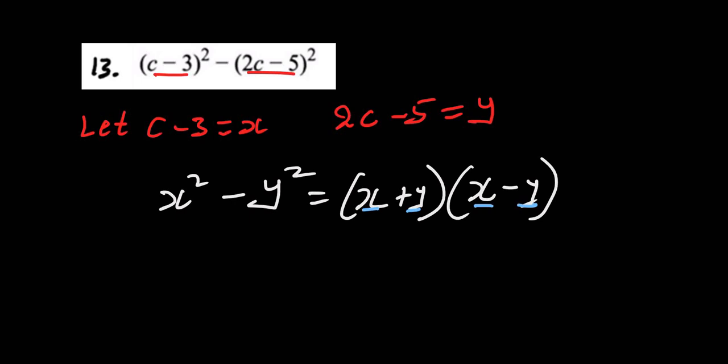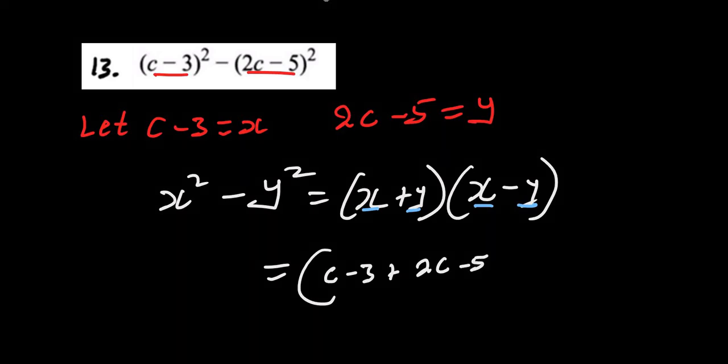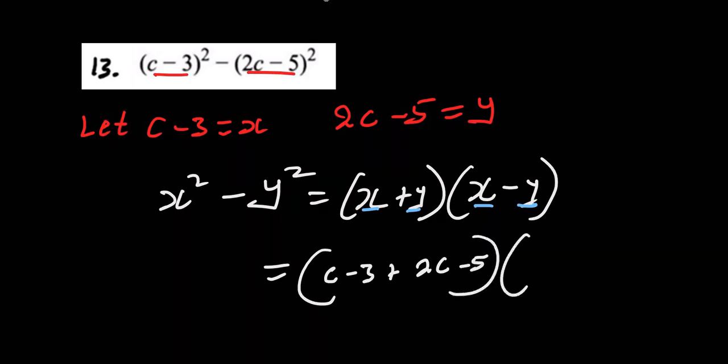All right, so this would be equals to (c minus 3) plus (2c minus 5) and (c minus 3).